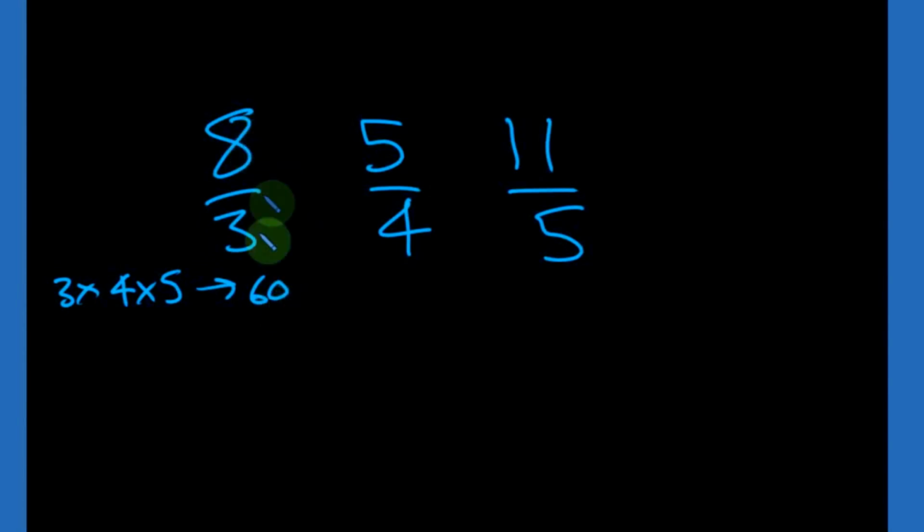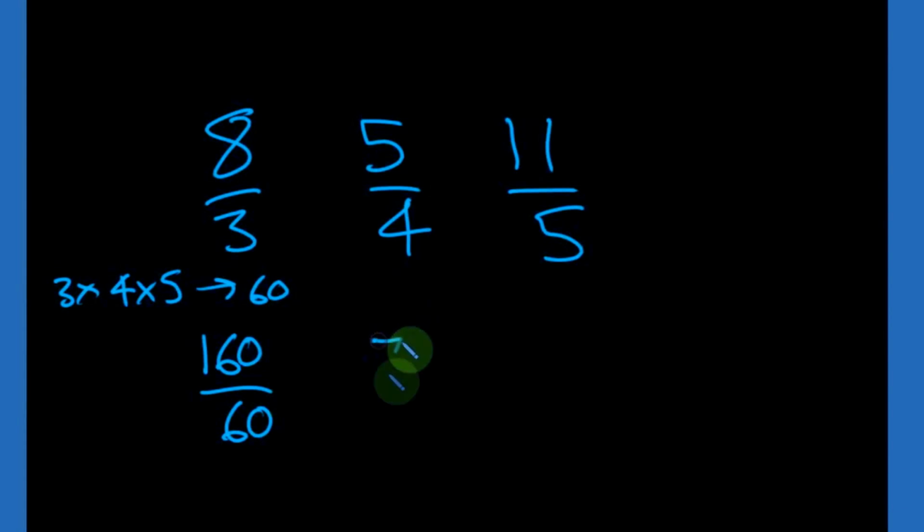So in the case of 8 over 3, we can multiply top and bottom by 20 to turn the denominator into 60. When we do this, we get 160 over 60, because 8 times 20 is 160. When we do this with 5 over 4, we can times top and bottom by 15. 5 times 15 is 75. 4 times 15 is 60.